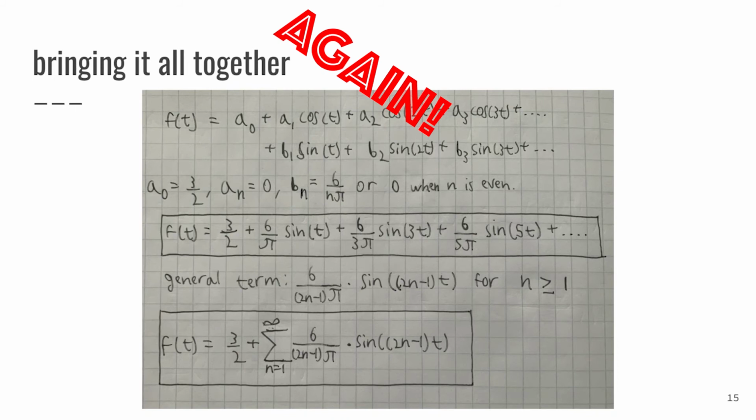And the general term is 6 over (2n minus 1) pi times sine of (2n minus 1)t. And we can also write that using sigma notation, and we get that f of t equals 3 over 2 plus the sum of 6 over (2n minus 1) pi times sine of (2n minus 1)t, starting at n equals 1.